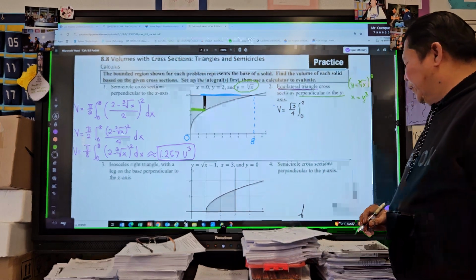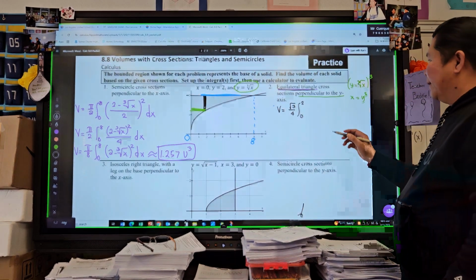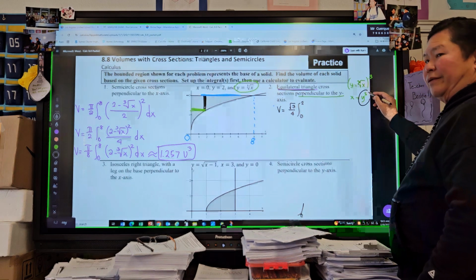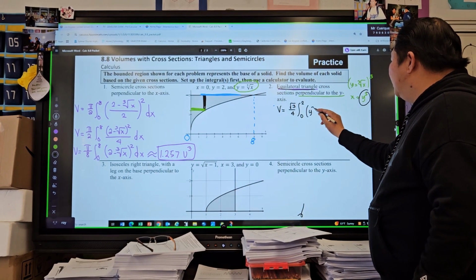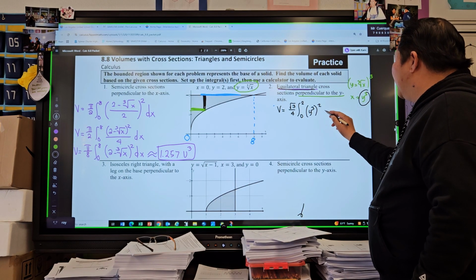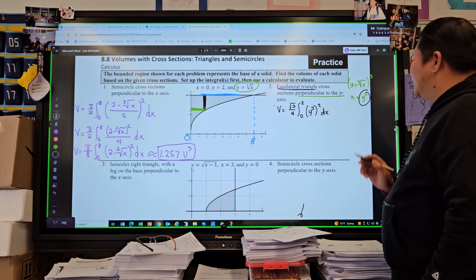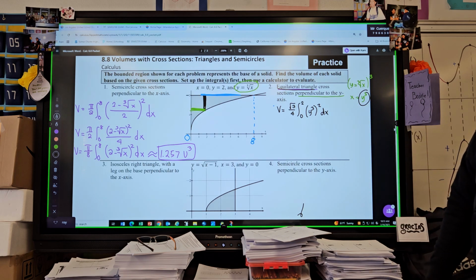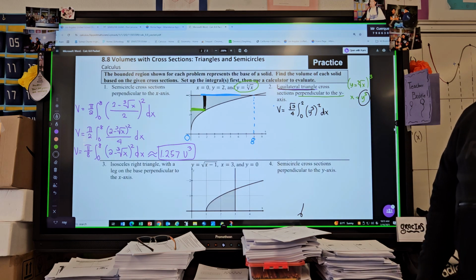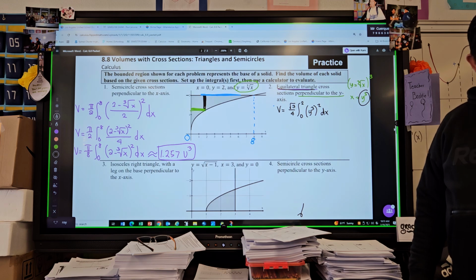And then, what's next? This one, right? So, y cubed squared dx. Equals 2. So that means what happens to this one? Y to the power of 6, right? Am I right, guys?